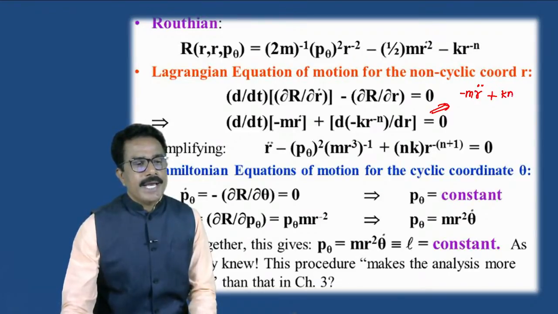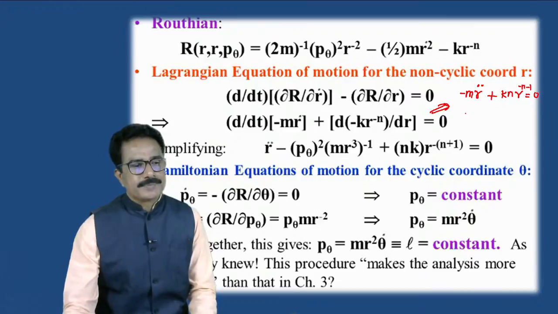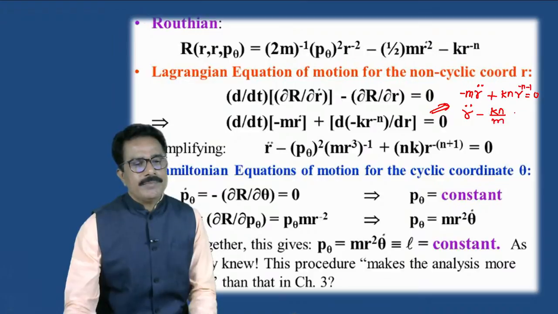k n r raised to minus n minus 1, which is equal to 0. Dividing by m, we will get r double dot minus k n divided by m r raised to minus n minus 1, which is equal to 0.